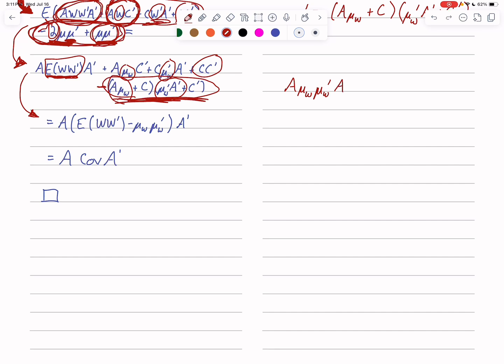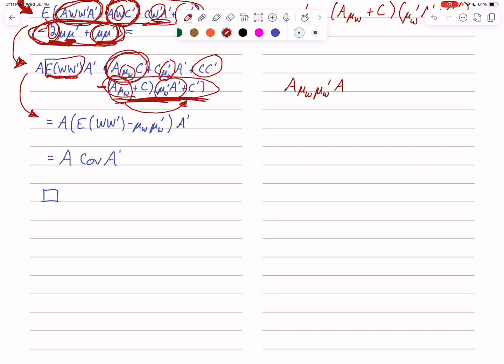Okay, so next let's distribute A mu_W, and there's a minus because there's a minus here. So let's now take A mu_W and distribute it to C prime. Well, what happens there? You've got an A mu_W C prime. You have a minus A mu_W C prime. You also have a plus of exactly the same thing right here, and so they cancel.